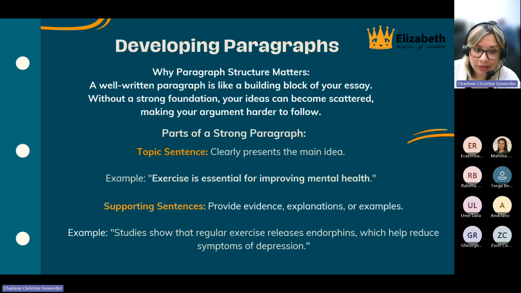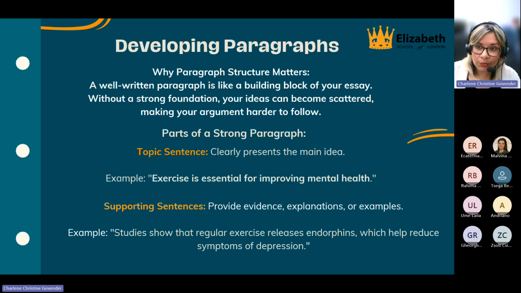And how to build up on that is studies show that regular exercise releases endorphins, which help reduce symptoms of depression. So I have here my topic sentence, focusing on exercise is essential for improving mental health. And now I'm supporting that sentence by further information.